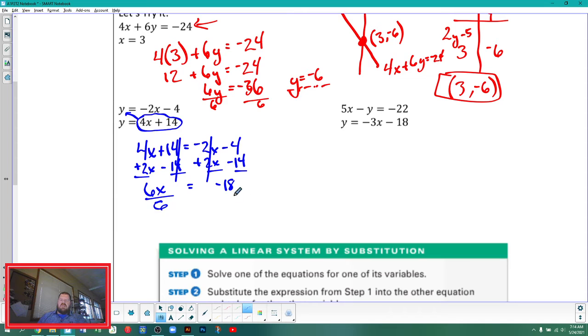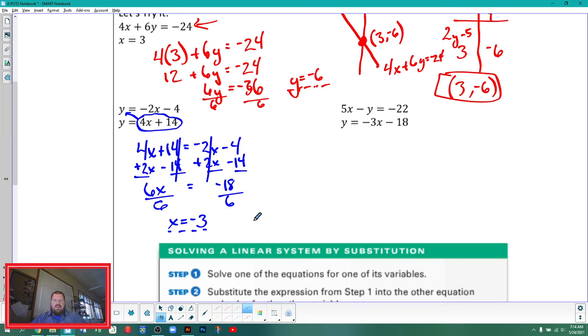When I divide by 6, I get x is equal to negative 3. I'm halfway done right now. I have one answer. I kind of need two, because right now I only know that the x-coordinate of where these two lines cross is negative 3. I also need to know the y-coordinate.